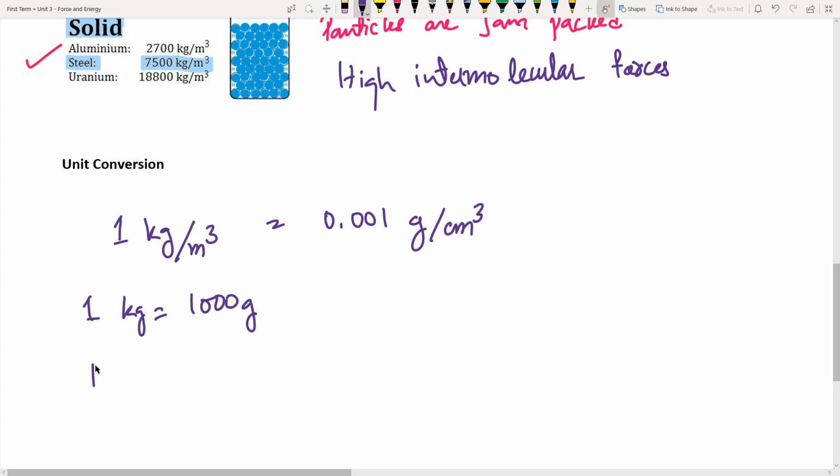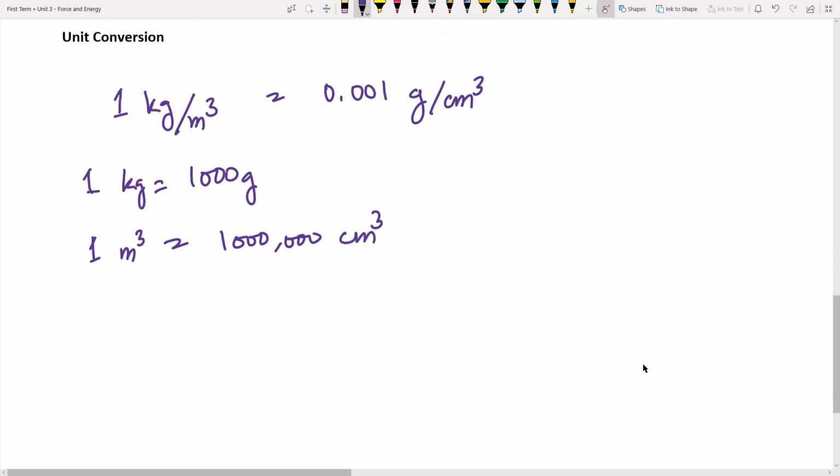On the contrary, 1 meter cube, which is the volume, is going to be 1 million centimeter cube. Now when we join them together, 1 kilogram per meter cube is going to be 1000 grams divided by a million centimeter cube.